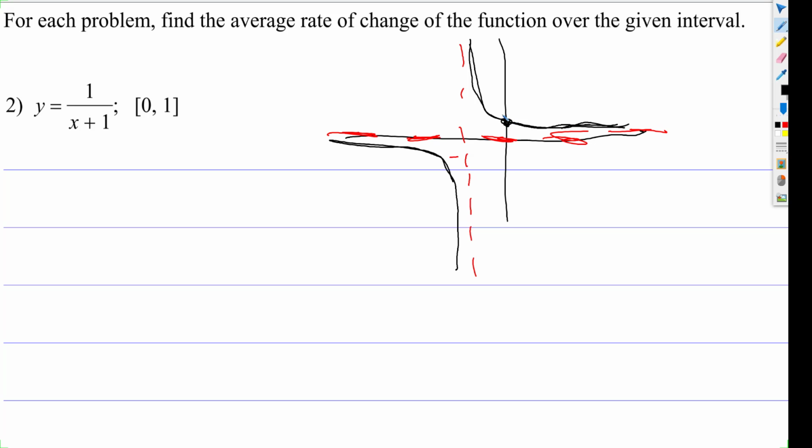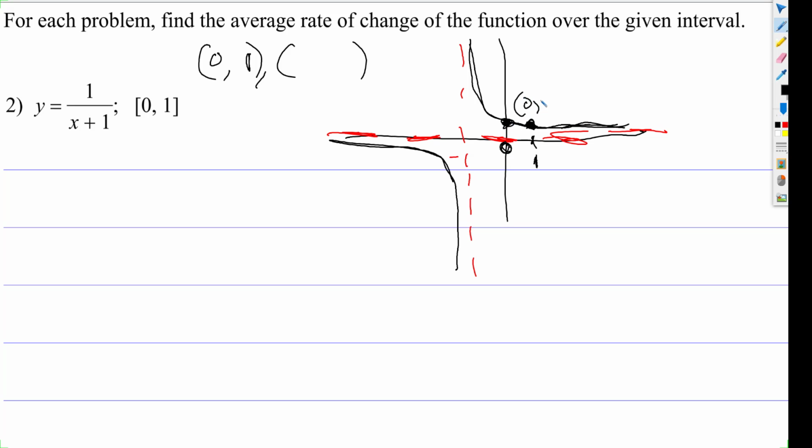or when x is 0, sorry about that, we need to find the two y values first. So if you plug 0 in there, 0 plus 1 is 1, 1 divided by 1 is 1. So when x is 0, we're at a height of 1.